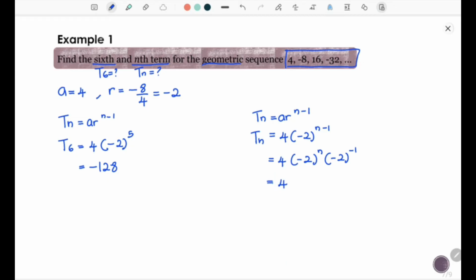So we have 4 times -2 to the power of n times 1 over -2. We can simplify this by taking 4 divided by -2, and you will get -2 times -2 to the power of n. Since we have the same base, which is -2, we can have -2 to the power of 1 plus n.